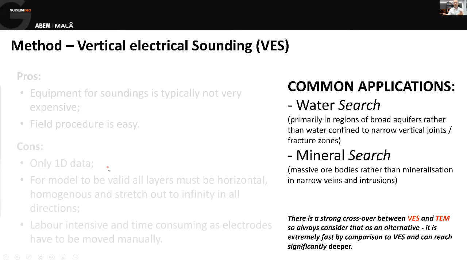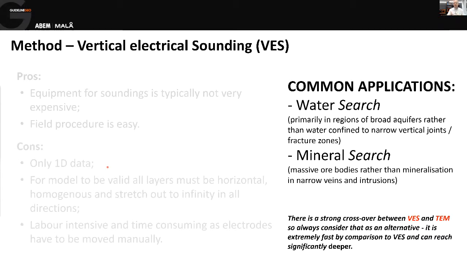There is a strong overlap in applications between VES and TEM. They're both used for water and minerals, and they both produce a 1D sounding. The obvious advantage of TEM is that it doesn't require a physical electrical connection. It uses wire loops to induce a signal into the ground and then receive the responses that come back.